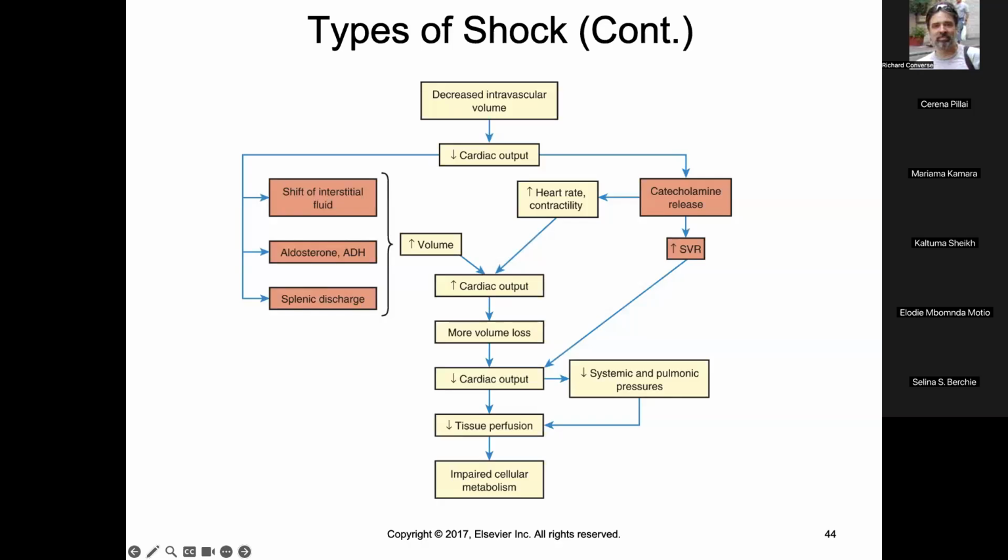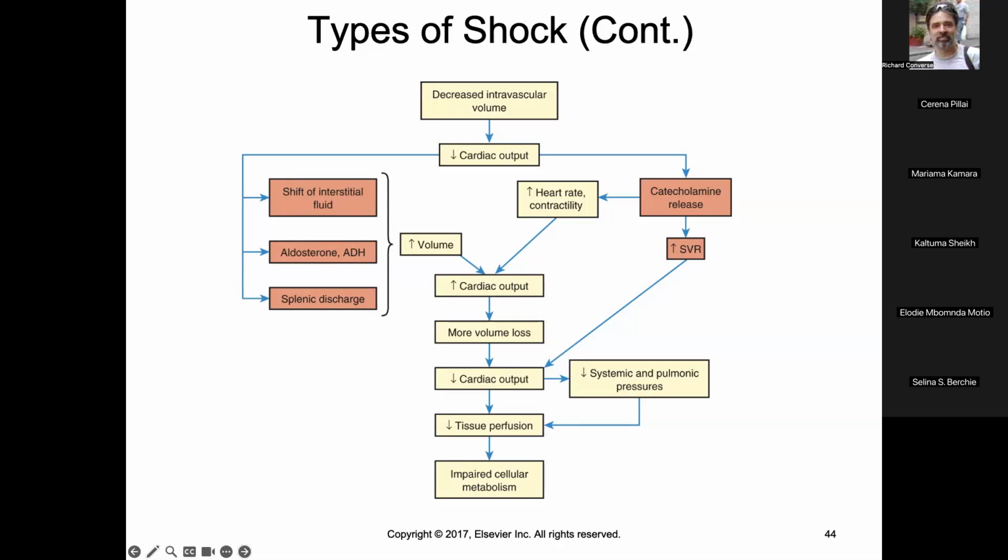The reduction in cardiac output also causes reduction in systemic and pulmonic pressure. Okay. And of course, we have to consider again that the sympathetic division of the autonomic nervous system is going to kick in, as will the endocrine system. And we're going to see an increase in heart rate and contractility due to norepinephrine and epinephrine. Okay.